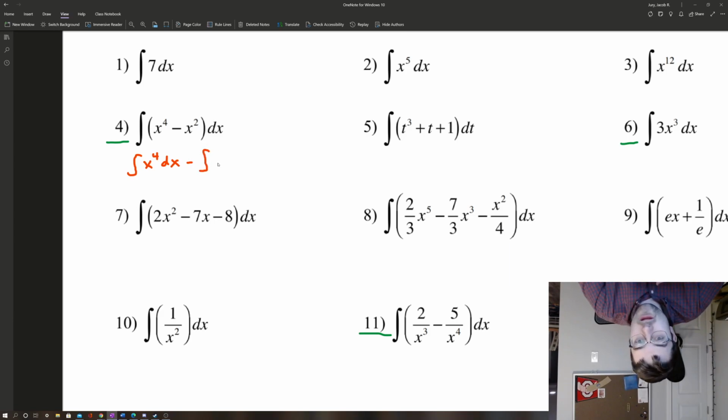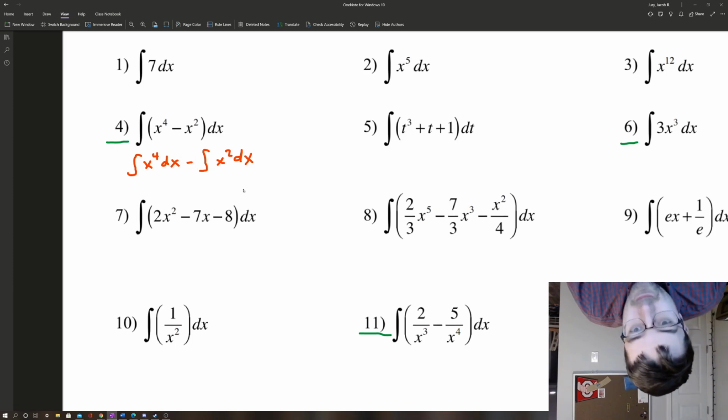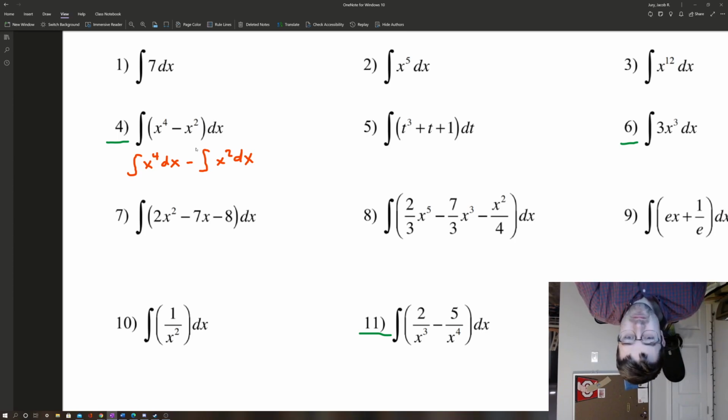And not only that, but we can subtract the two integrals and have that negative sign outside the integrals as well. So if I'm integrating x to the 4th, then I'm going to add a power to 4. So instead of removing a power from it, I'm going to add a power to it, and then I'll divide by that power.